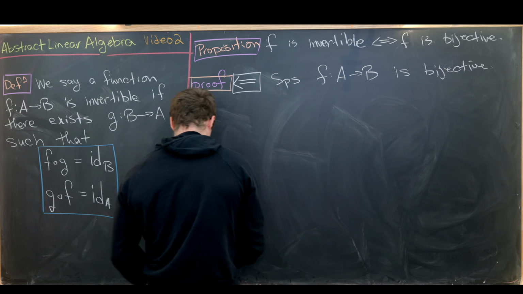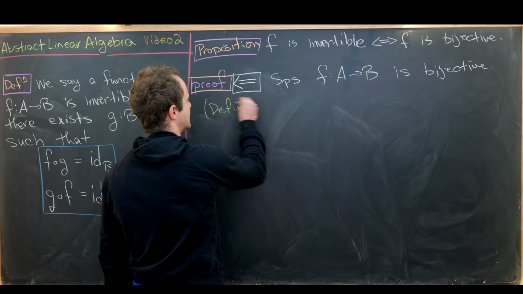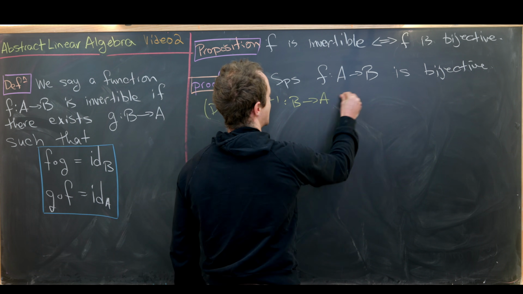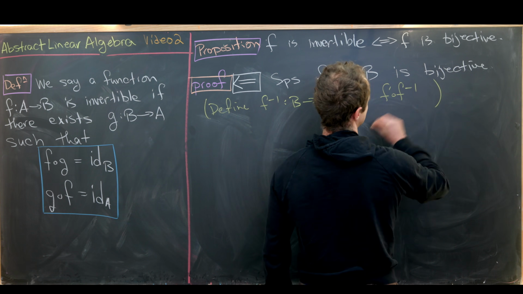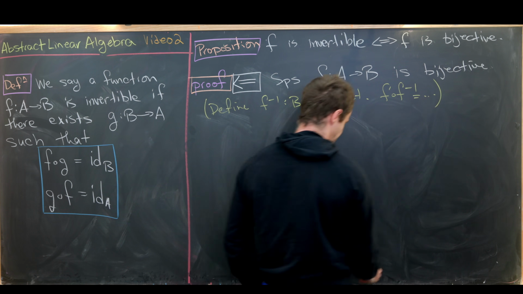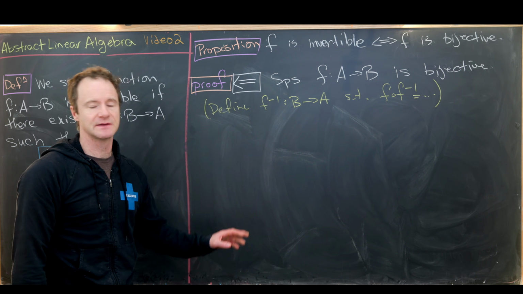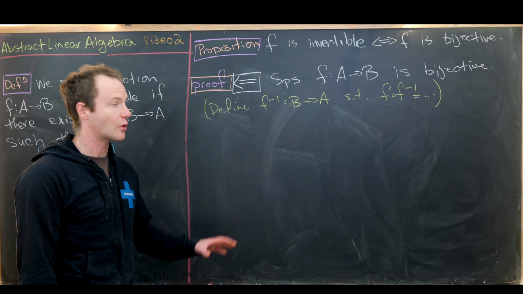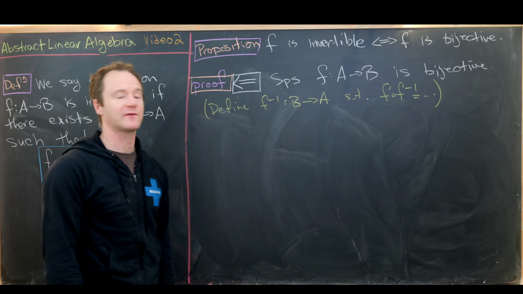And somehow what we'd like to do is define some function F inverse, which goes from B to A, such that F composed with F inverse is equal to the right stuff. So I'll just put dot, dot, dot, the identity on B in this case, and the opposite composition is the identity on A.